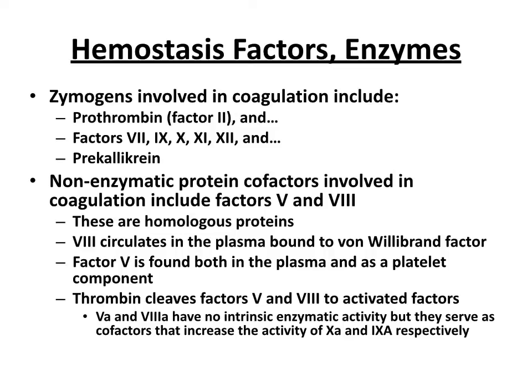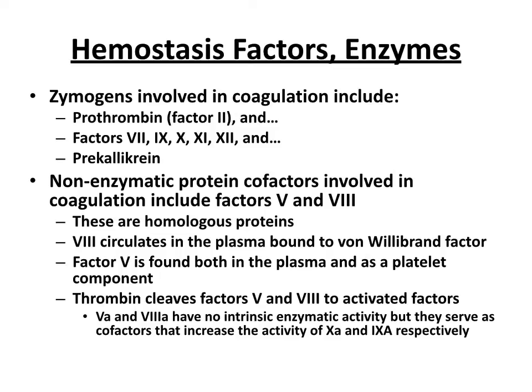Okay, factors 7, 9, 10, 11, 12. You're going to definitely want to know factor 10. Okay, so factor 10 is involved in converting prothrombin to thrombin. So as we go down the slides here and through them, keep factor 10 in mind as something you want to know a little bit anyway about the activity of factor 10.